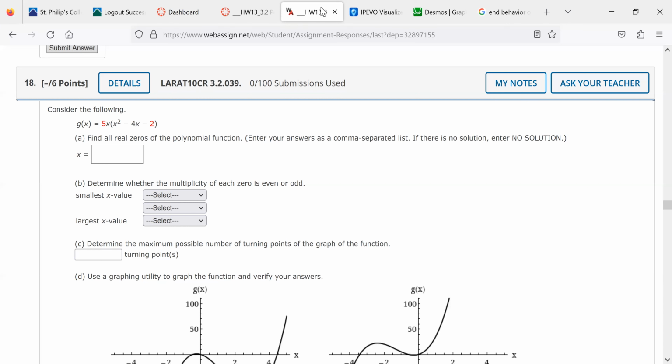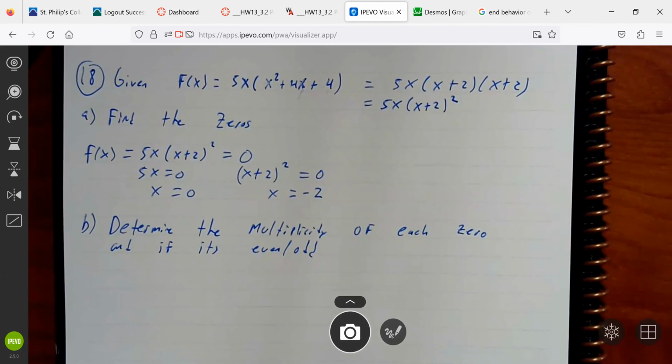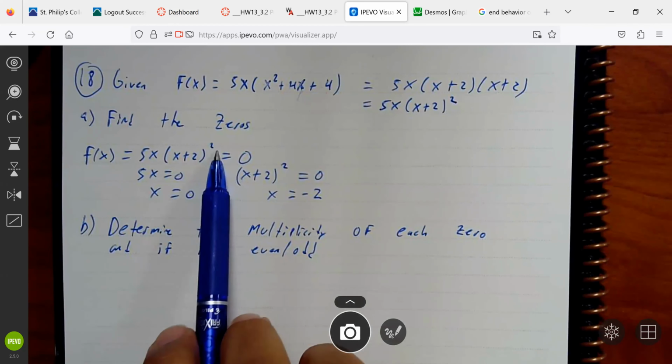Oh, determine whether. Let's just rephrase it. Okay. So multiplicity. All that means is like how many times did it appear? So basically, this is two of the same type of zero. This is a single zero.